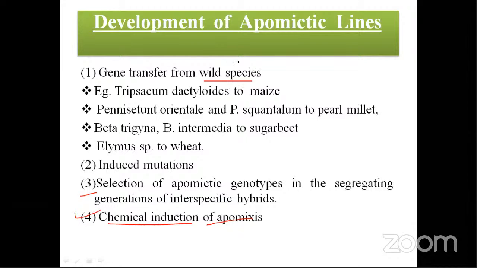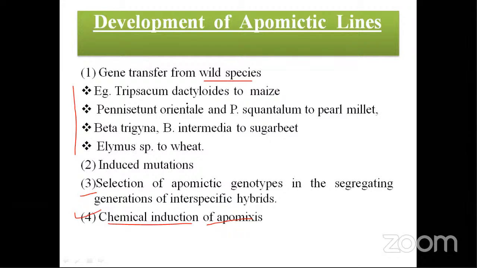From wild species, as you know, they are the hub for the various genes, right? So from them, directly doing the crossing, we can transfer the genes to the cultivated one. All the four points as I mentioned here are very important from your examination point of view.